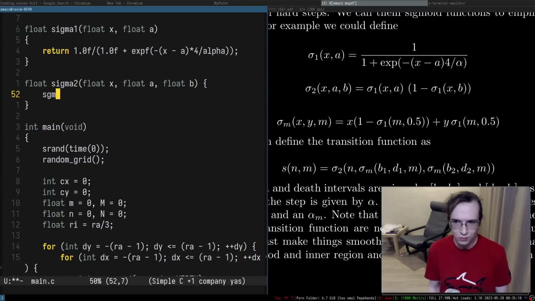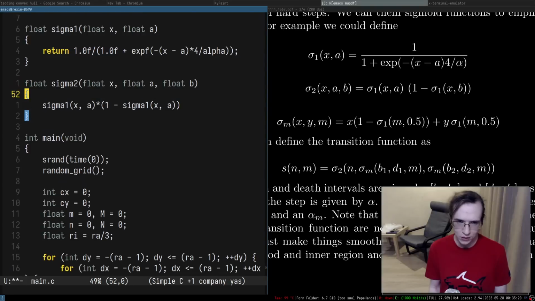We use Sigma 1 of x minus a, and multiply by an inverse of a Sigma 1. So it's basically a derivative of Sigma 1, but it's not particularly a derivative because this is a different Sigma. The derivative of Sigma 1 would be something like this, but since we put b in here, it's not particularly a derivative, so yeah.